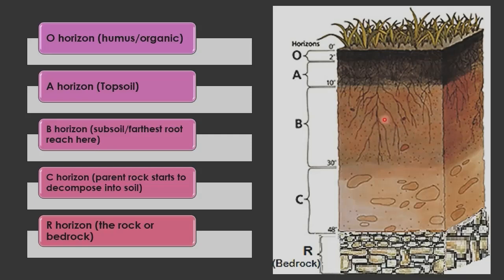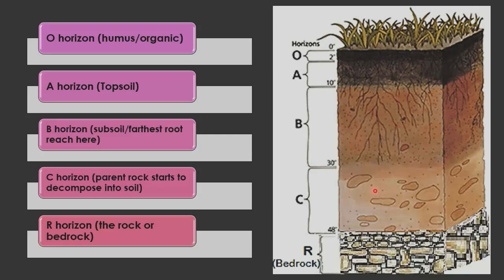After that we will be moving on to the C horizon. The C horizon is basically the last layer of our soil, the horizon where the parent rock is starting to decompose into soil.